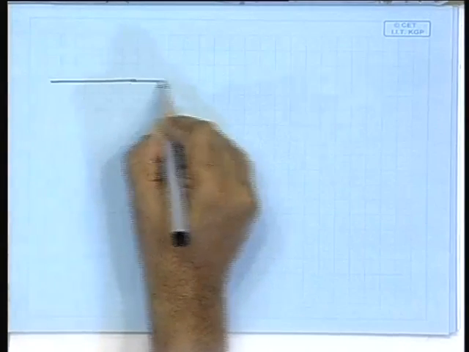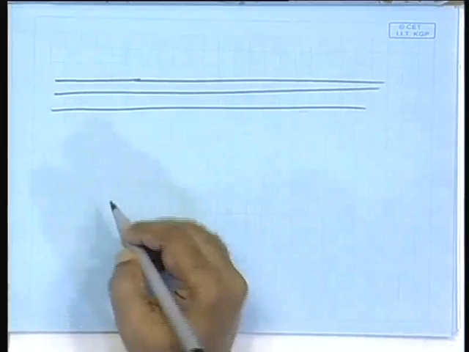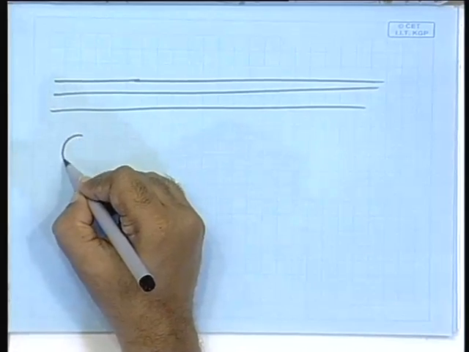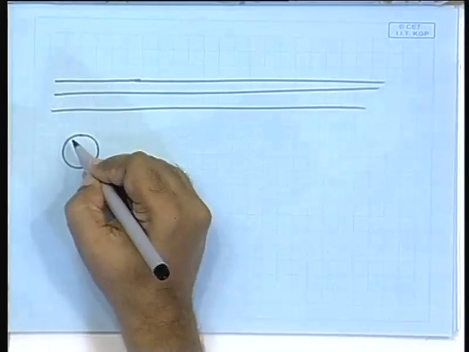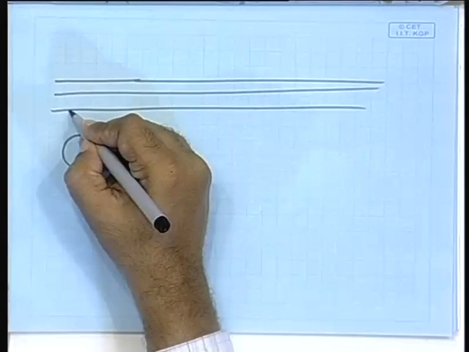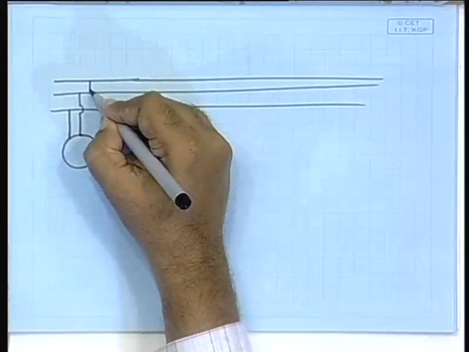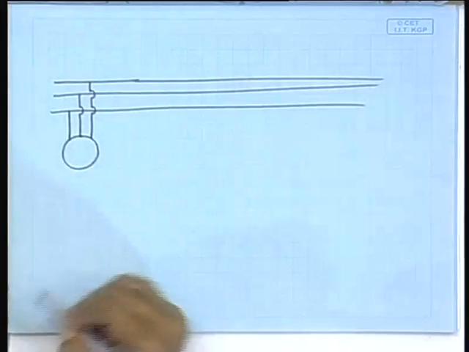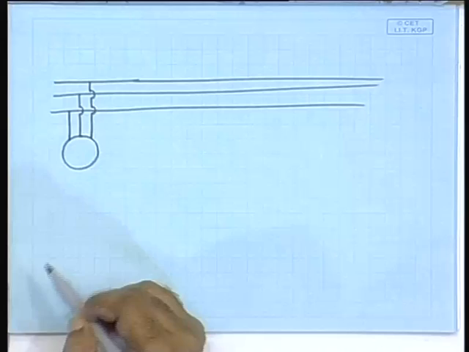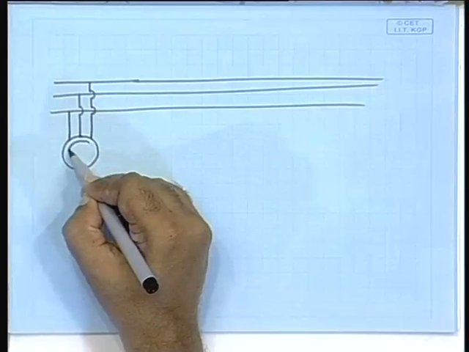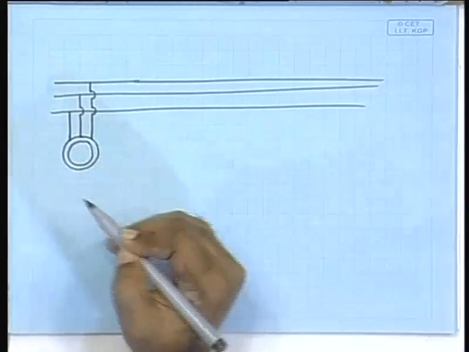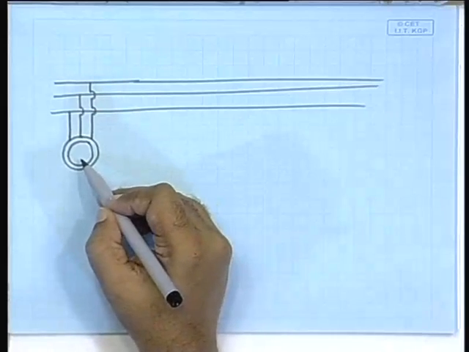In an induction machine, as I told you already, suppose there is a line, this is a power line, say, and the induction machine has a stator supplied by the power line, and there is a rotor, and you are rotating this rotor.